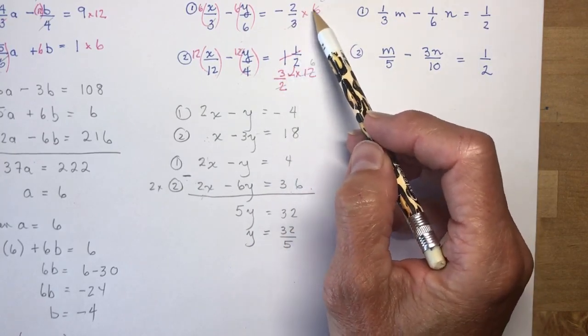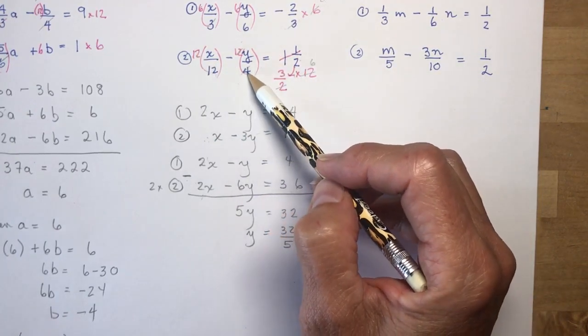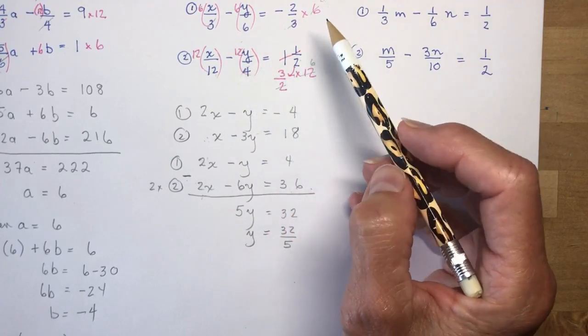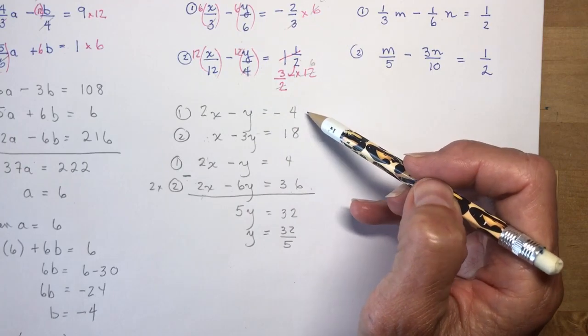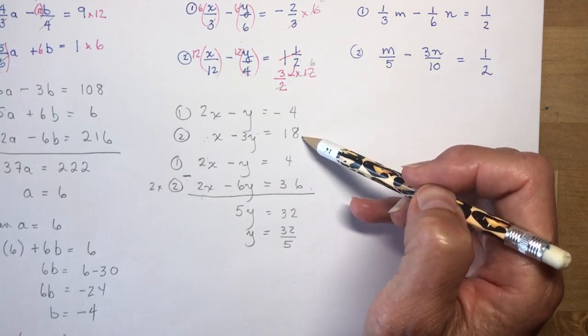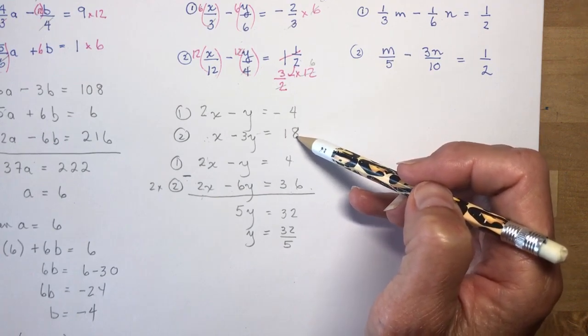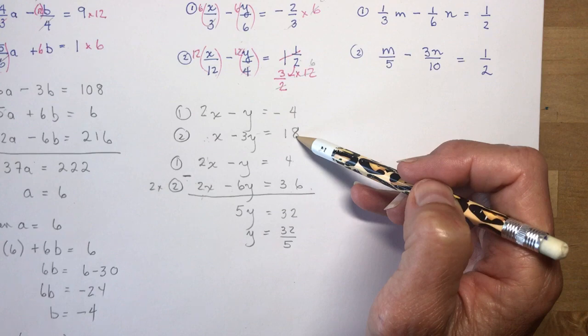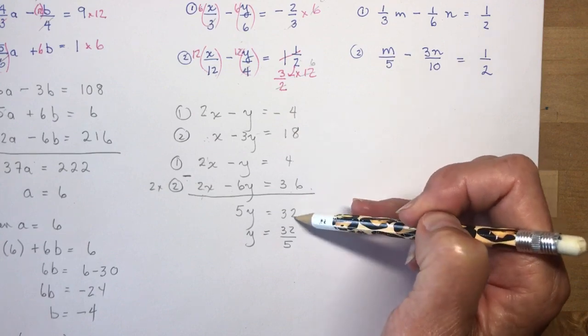2 minus 4. 3 into 6 goes 2 times 2 is minus 4. And this is x minus 3y times 12 is 18, is it not? It all looks right. Oh my goodness. It worked out for me before. 5y equals, we're supposed to have 5y equals 30 here.